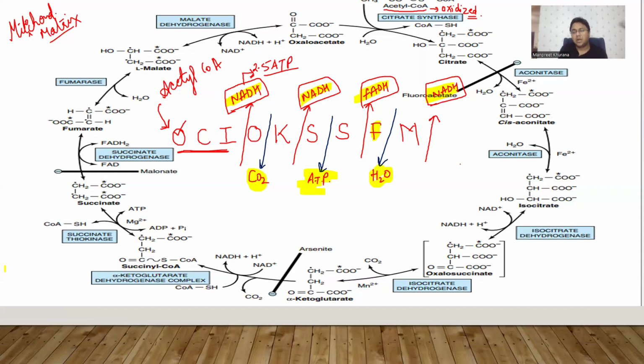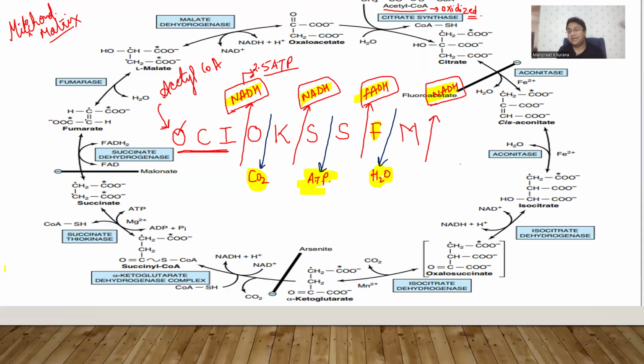Previously, if you see older editions of the books in the energetics, you will see that one NADH is forming 3 ATP and one FADH is giving rise to 2 ATP. But actually, this was incorrect. So after a long time, they realized that the exact ATP formed is 2.5. So we don't need to round up the number to 3.